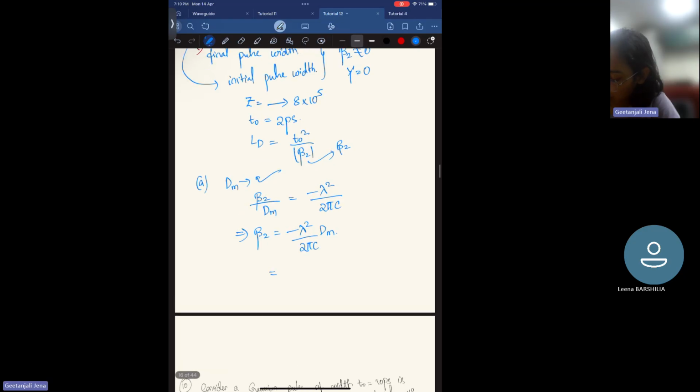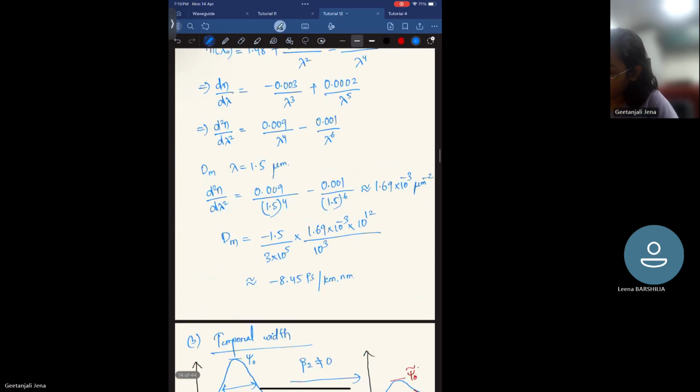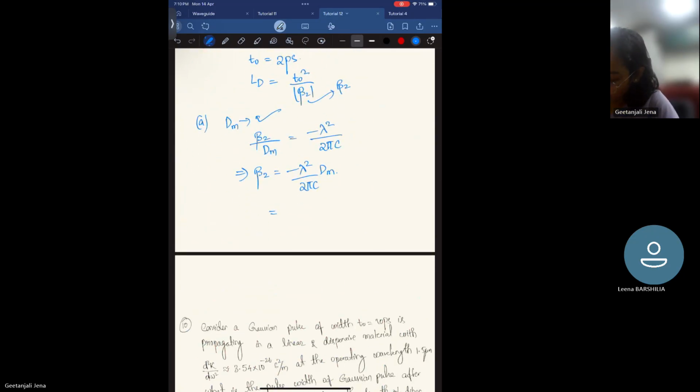DM is 8.45, lambda is 1.5 micrometer, square of it times 10 to the minus 12, divided by 2 pi times 3 into 10 to the 5 kilometer per picosecond.